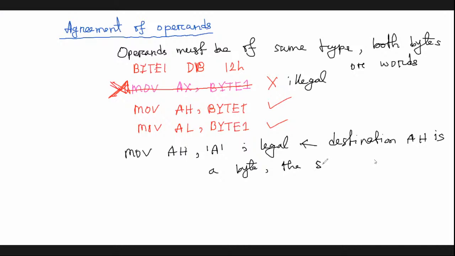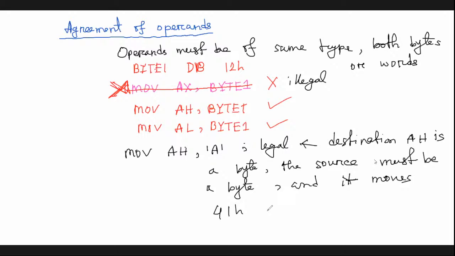The source must be a byte, and it moves 41 hex into AH. Good.